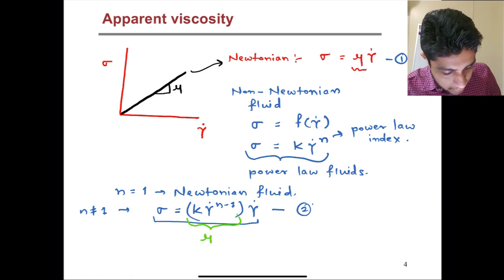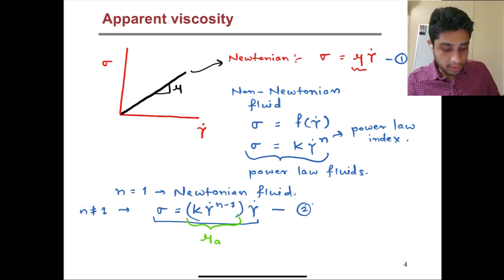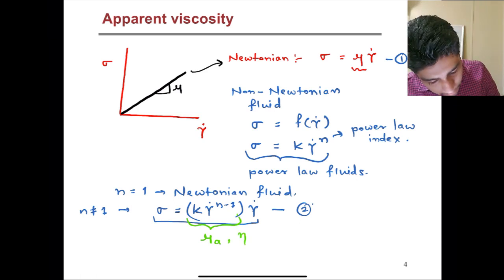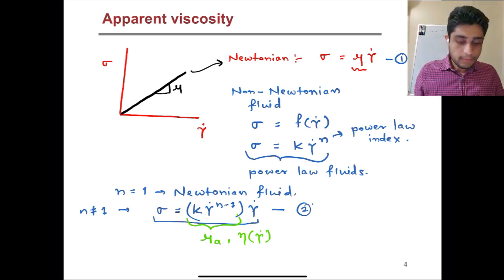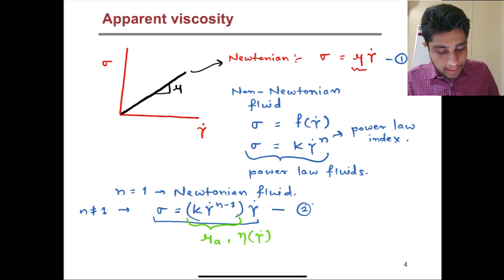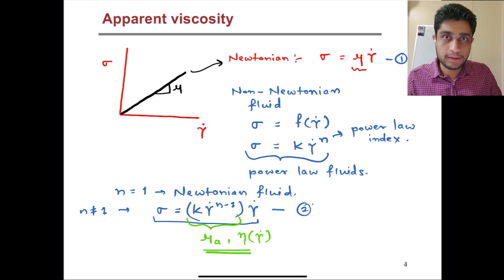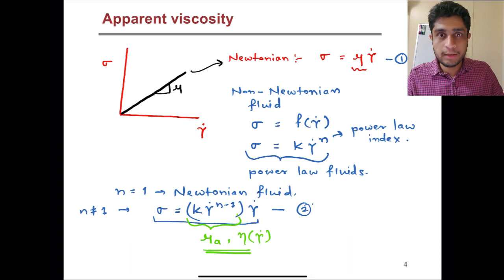So this term is called the apparent viscosity, or mu a, and since it is a function of shear rate, we can also write it as eta as a function of gamma dot. Now again, in non-Newtonian fluids, the concept of viscosity is not exactly applicable, because the definition of viscosity comes from Newton's law of viscosity, and for non-Newtonian fluids, Newton's law of viscosity is not applicable.